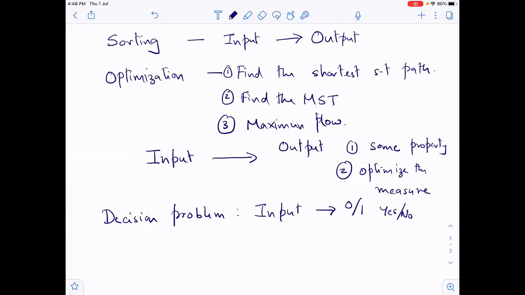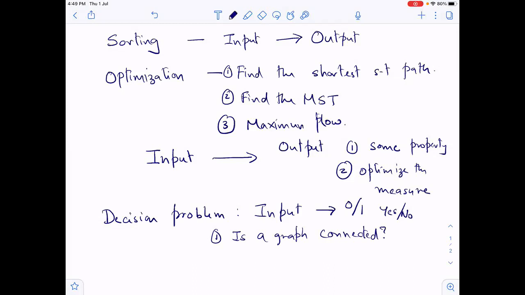We have done some of this, for example, is a graph connected? You just had to output yes or no.